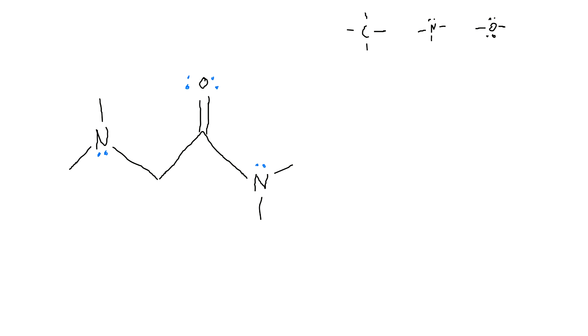But before we do that, we want to identify the hybridization of our 3 atoms, okay? And we can do so by counting the electron domains, okay? So this one has 1, 2, 3, 4 electron domains.